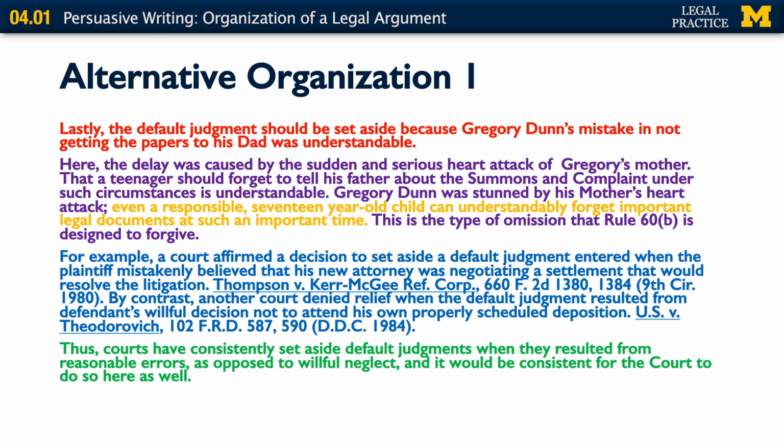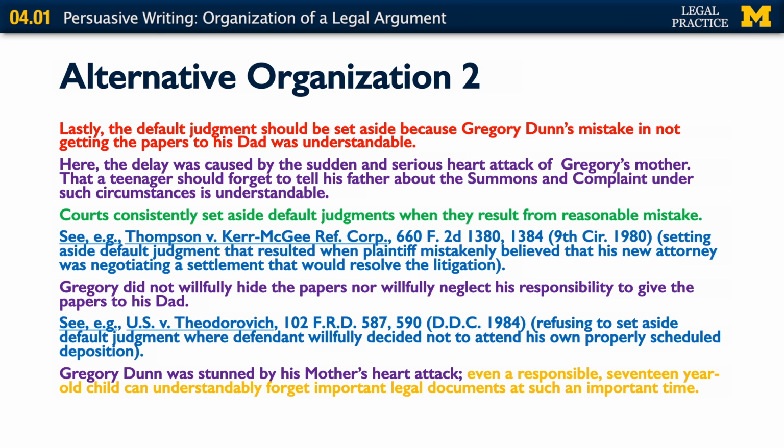And in this example, the rule, because it's fairly simple and straightforward, is all the way at the end, although the writer has skillfully linked the rule back to the very beginning and to the conclusion. Here's another organization that you might consider.